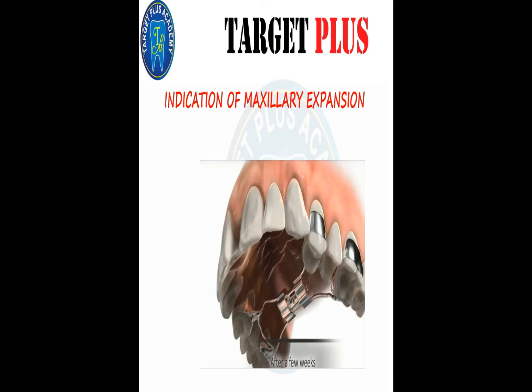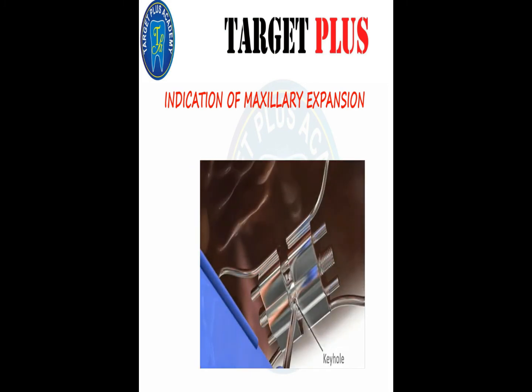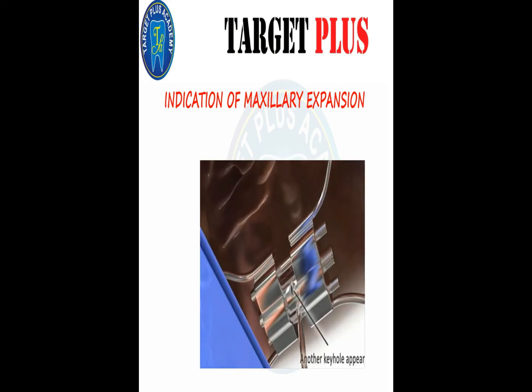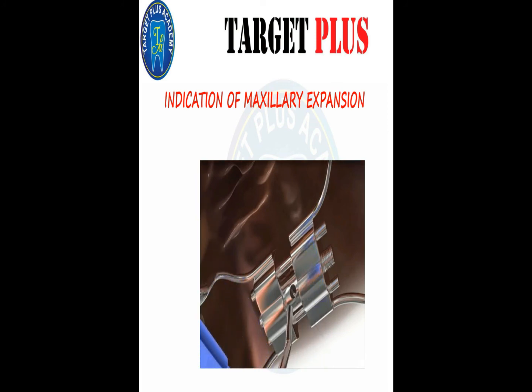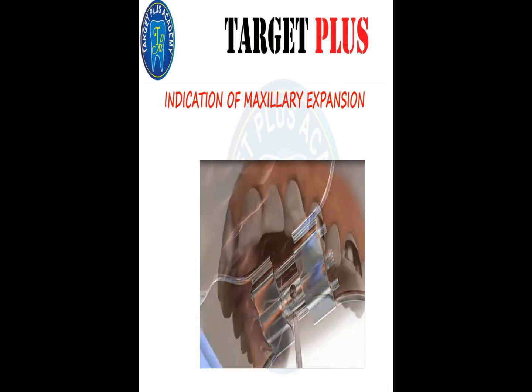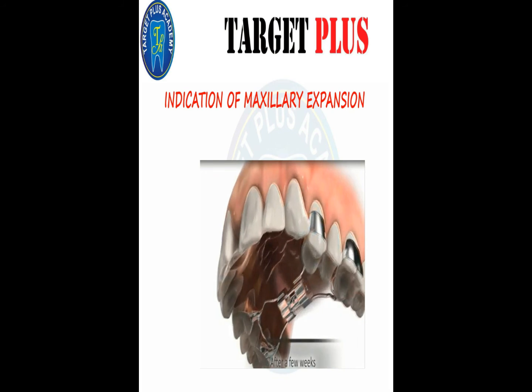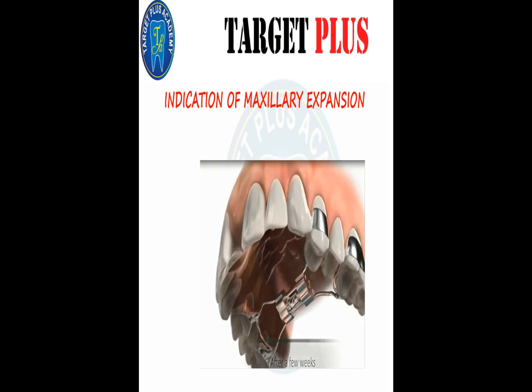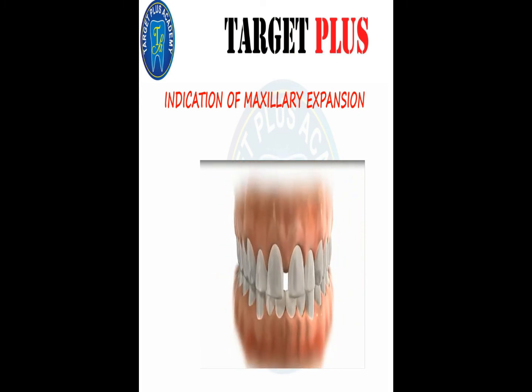For adults, he recommended 2 turns each for the first 2 days, followed by 1 turn per day for the next 5 to 7 days, and then only 1 turn every alternate day till the desired expansion is achieved.